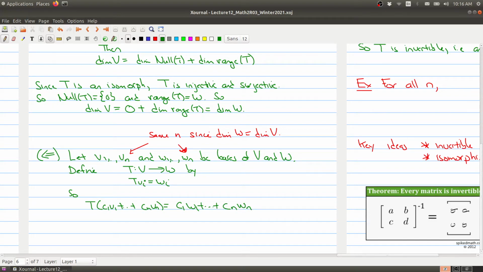So this is a linear map. And we're not using anything special here. We're just using the fact that a linear map is defined by where you send your basis elements.